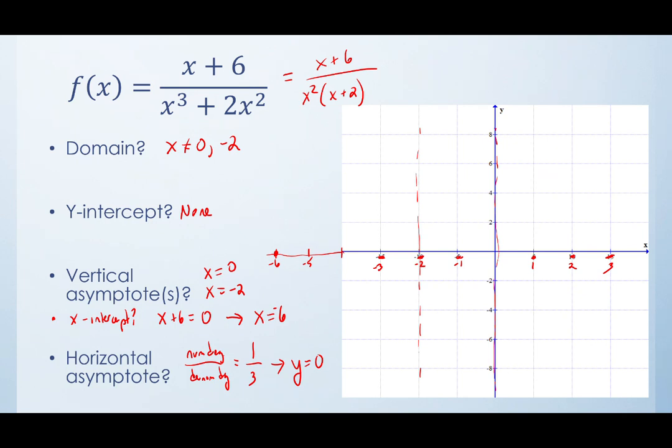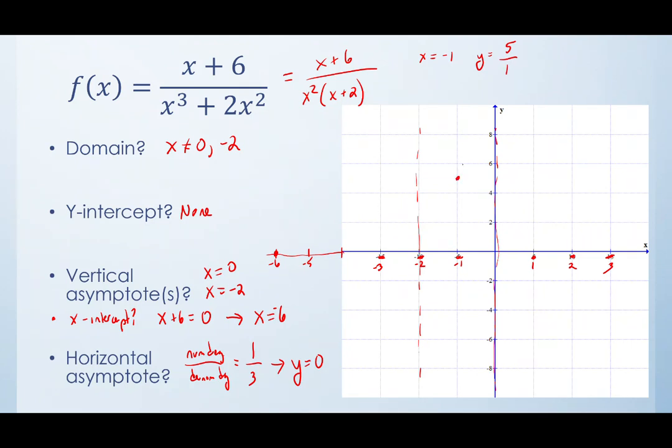Now we can sketch this all out. We could pick a couple of points. What is the function value at -1? -1 plus 6 is 5, -1 cubed is -1, and 2 plus 2 is 5.